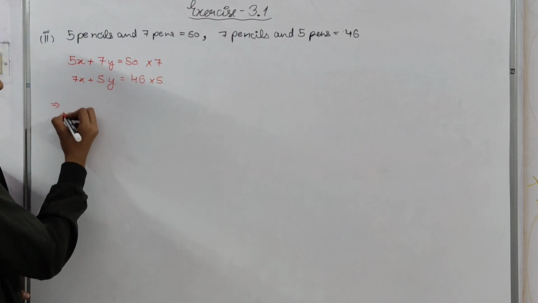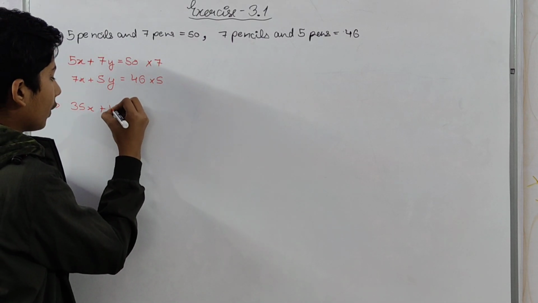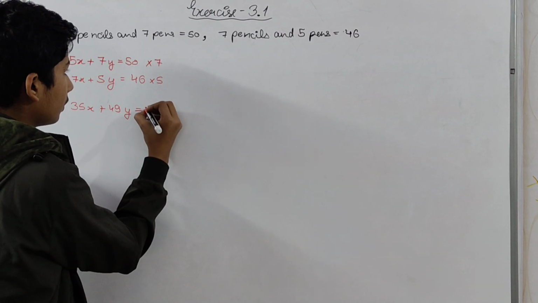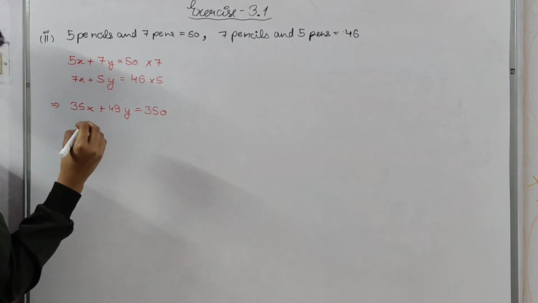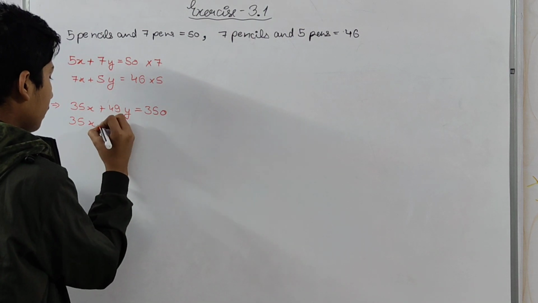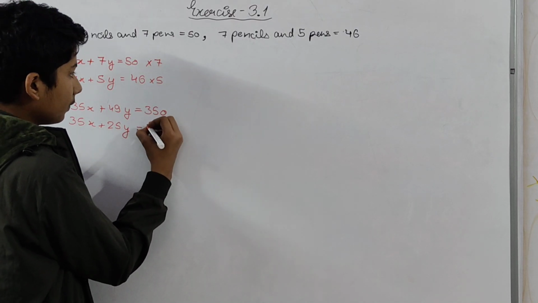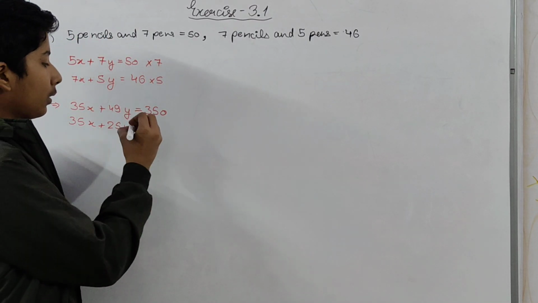So the equations will be 35x plus 49y equals 350, and here 35x plus 25y equals 46 into 5, means 230.